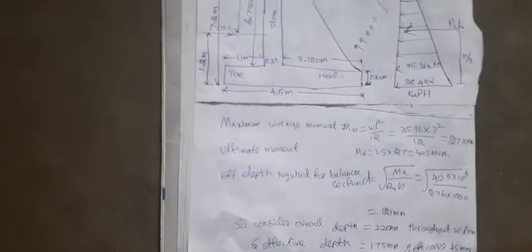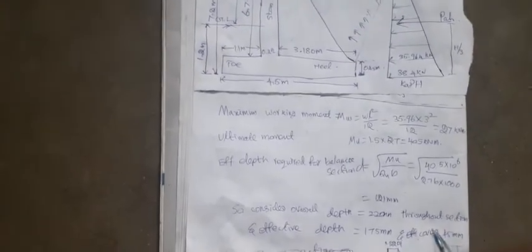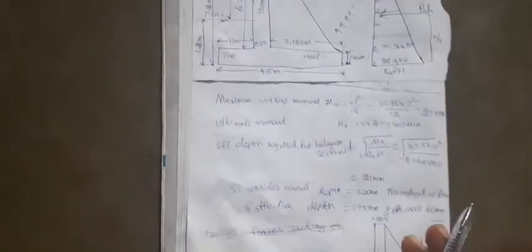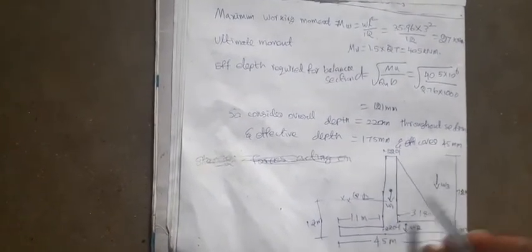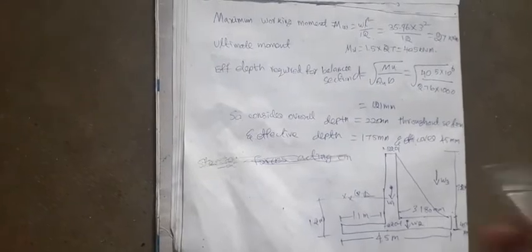So these are all for finding the preliminary dimensions of the retaining wall. So next step, before that we need to find the weights. So this is W1, W2, W3.